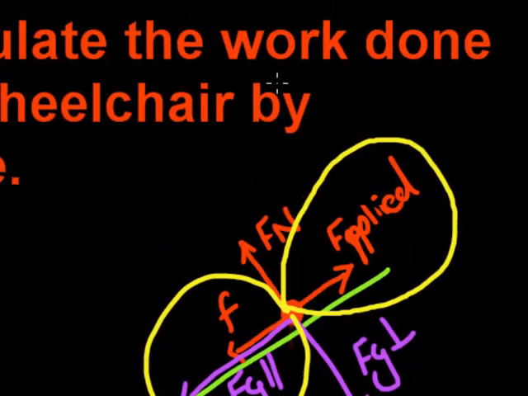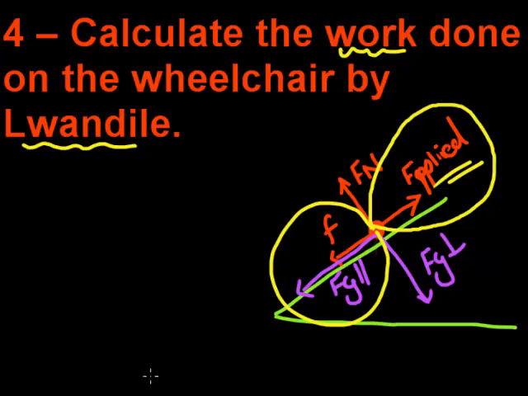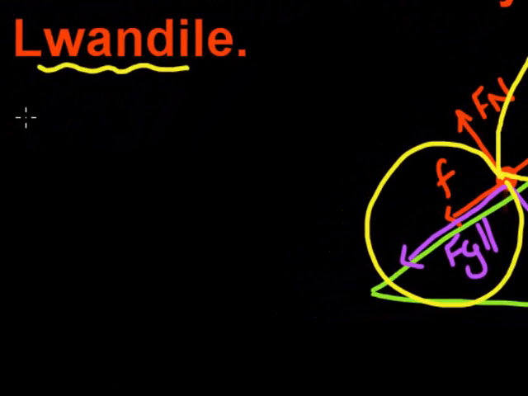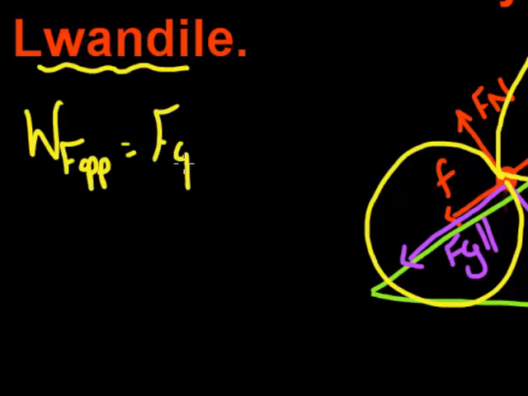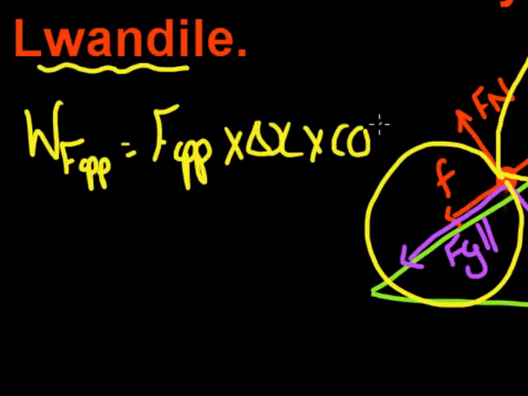Now if we need to calculate the work done on the wheelchair by Lwandile, then we're talking about the applied force, that force's work. Our formula would start off by saying work due to the applied force is equal to the applied force times delta x times cos of theta.